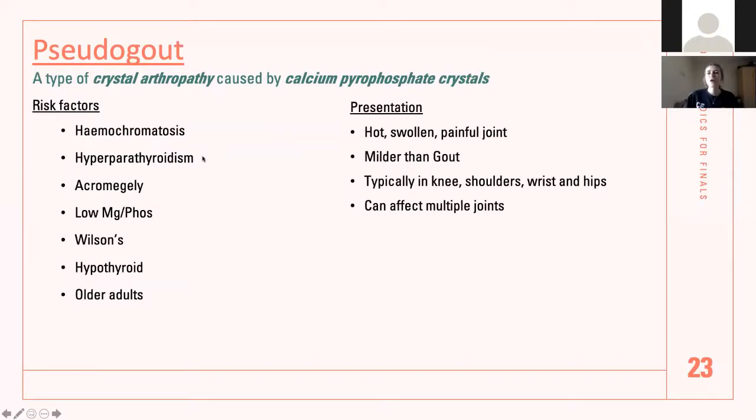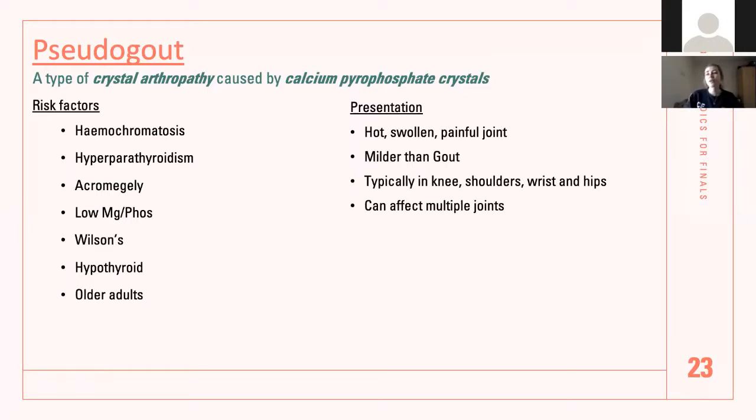So pseudogout, this is also a crystal arthropathy, but it's caused by calcium pyrophosphate crystals. Risk factors include hemochromatosis, hyperparathyroidism, acromegaly, low magnesium or phosphate, Wilson's disease, hypothyroidism, and it's also more common in older adults.